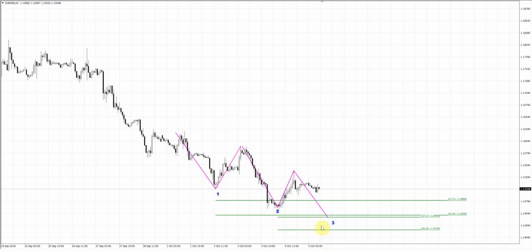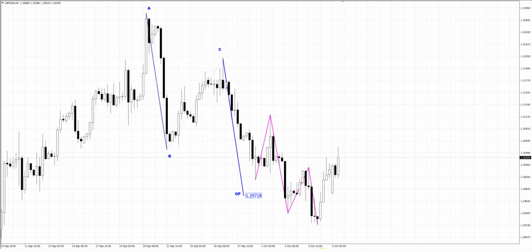Actually, guys, this pattern has already worked on the Great British Pound. Yesterday we got the same pattern on the cable, and it has already hit the minor target. You can see the first drive, second, third. The top of the three drive pattern is the top between the second and third drive, and it has already been completed on the pound. So this is the minimal target.